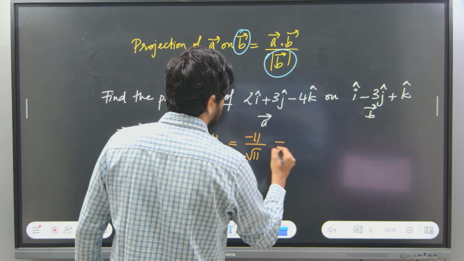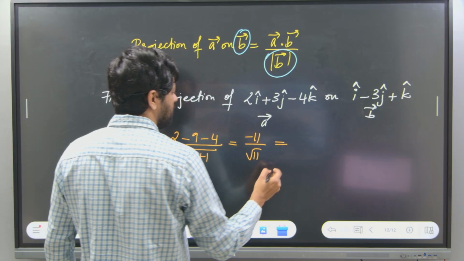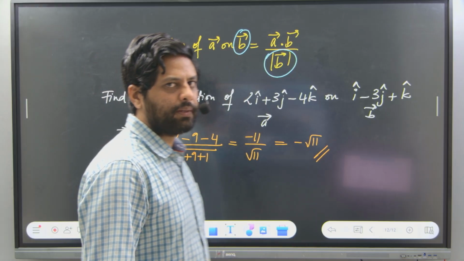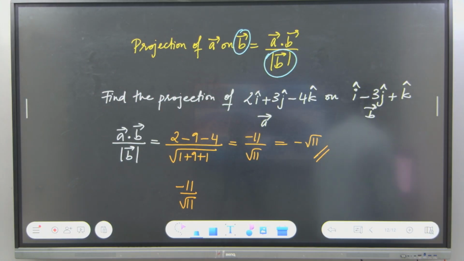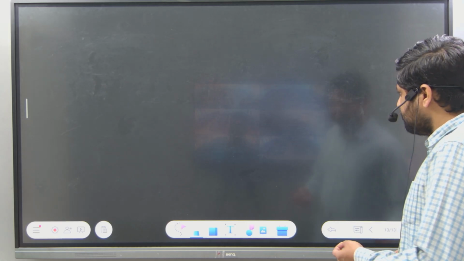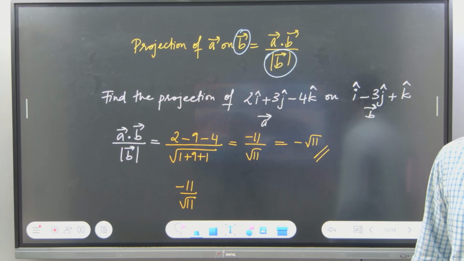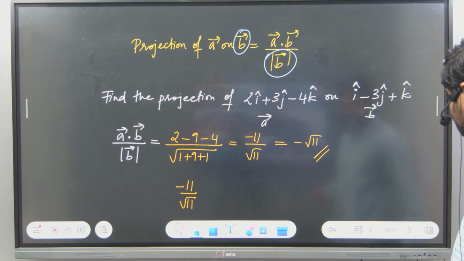In case we rationalize it, minus root 11 is going to be the answer. Okay? Any questions? We just took up a simple example on projection.